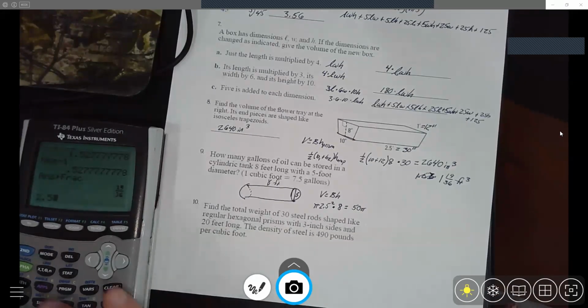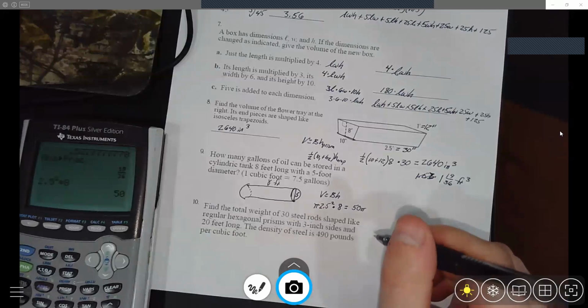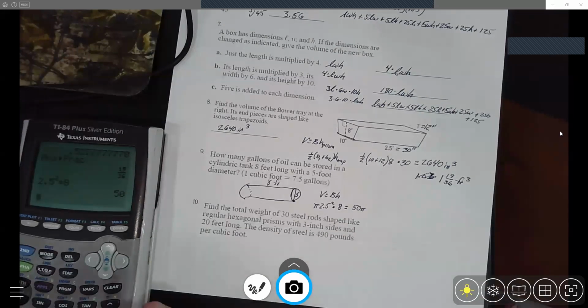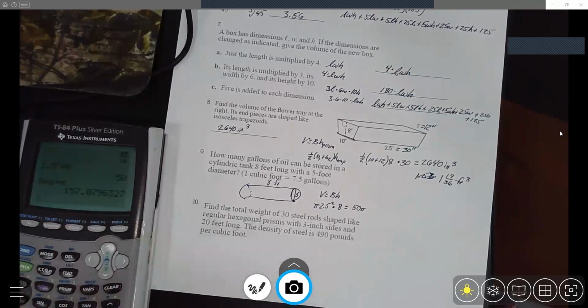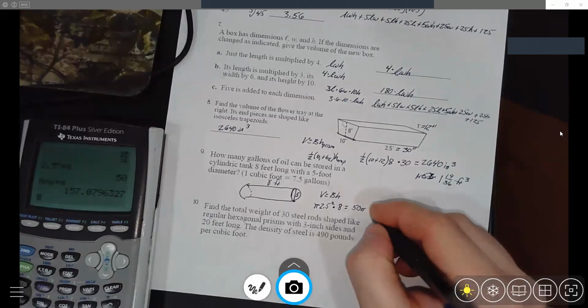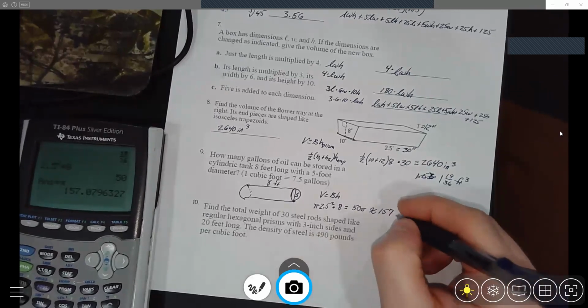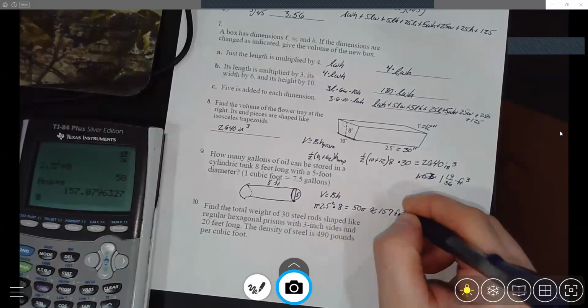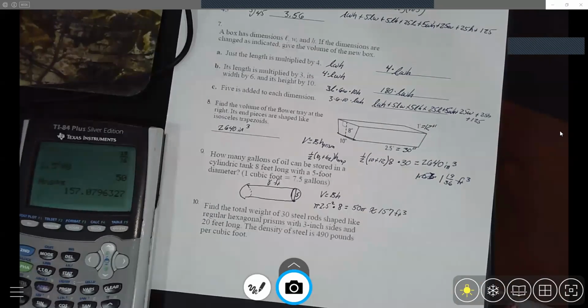We'll just double check because my mental math has been sketchy. Okay, so 50 pi. But we should probably just find the decimal here. So 157 approximately. And that's cubic feet. Now every cubic foot holds 7.5 gallons. So we got to divide that by 7.5.